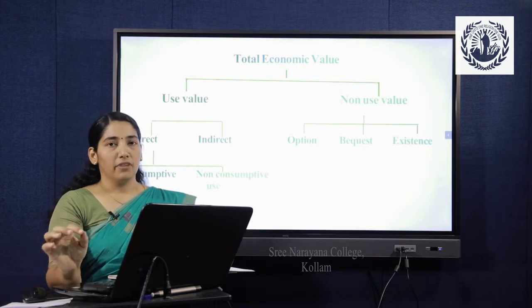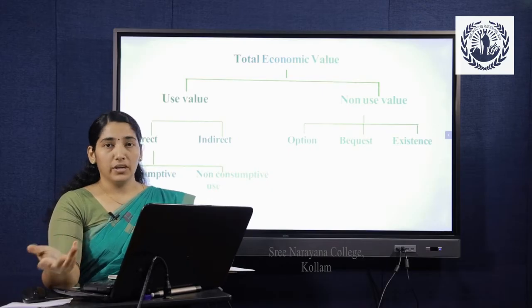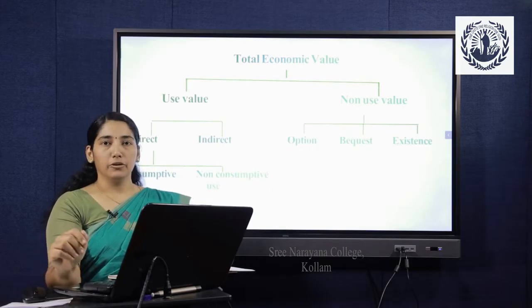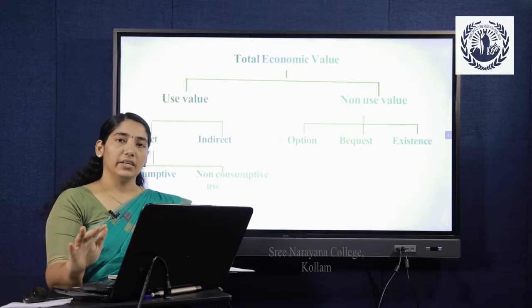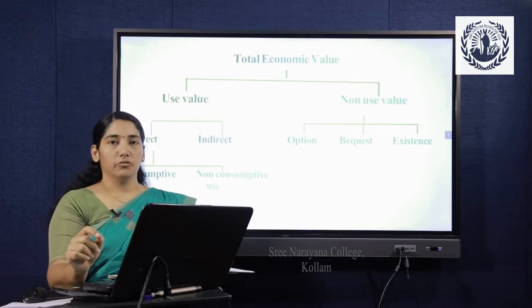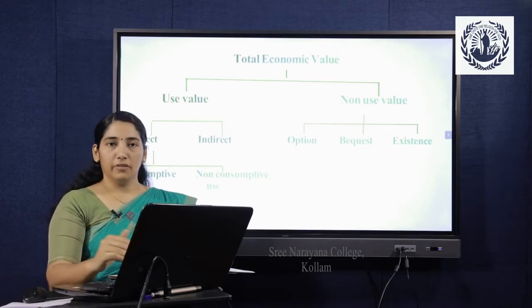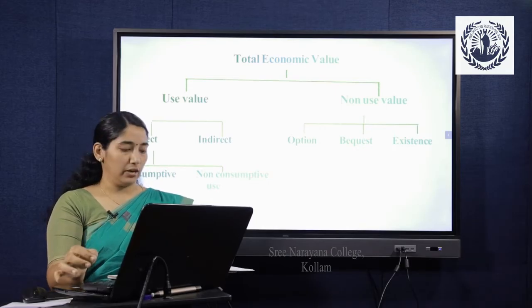That means the values derived from an environmental good which will directly affect an individual. Use value is again divided into direct and indirect use values. Direct use values are again divided into consumptive use values and non-consumptive use values.